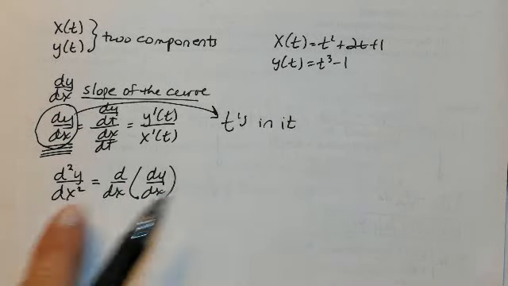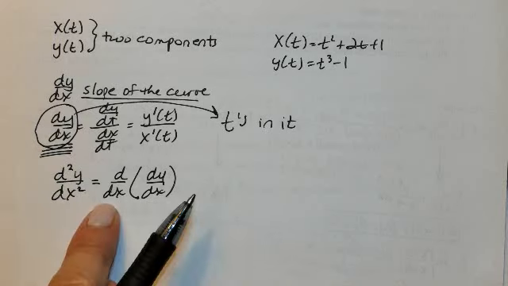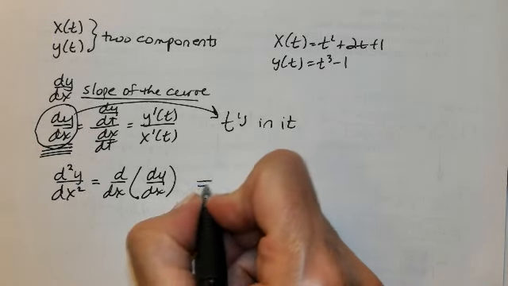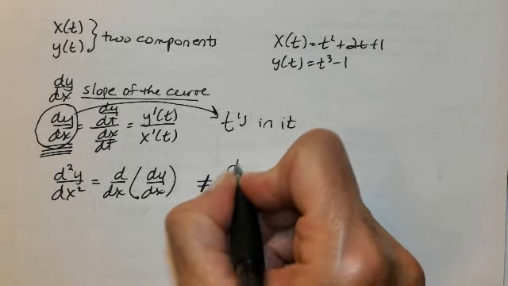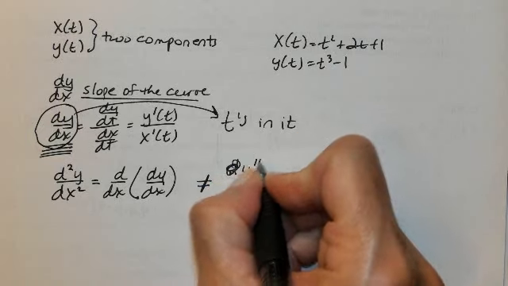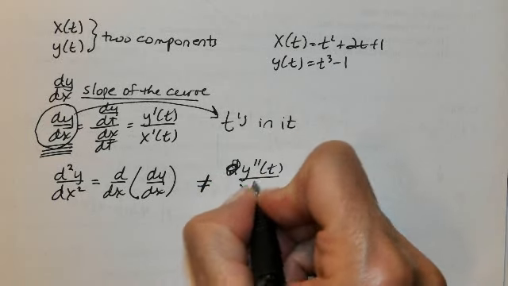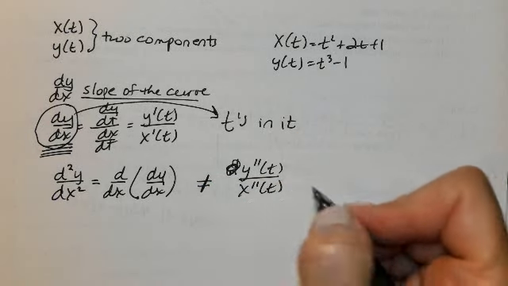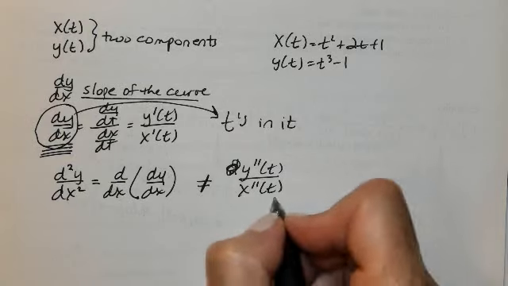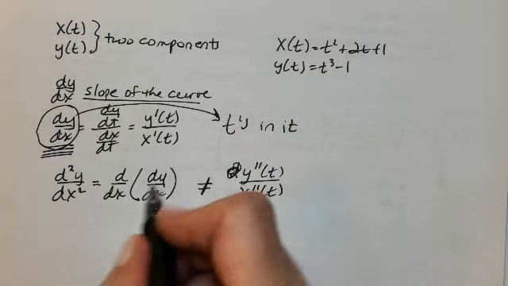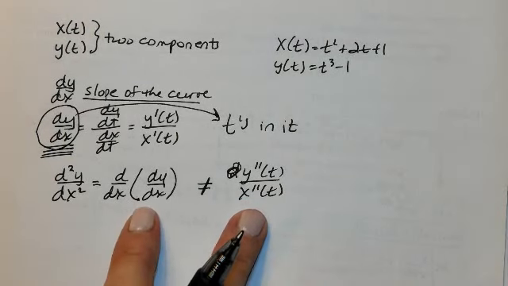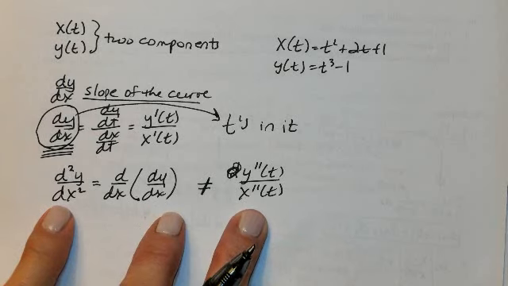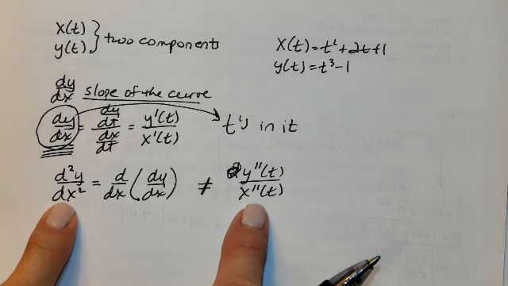But this is true. This is not equal to just y double prime of t over x double prime of t. That's what kids want to do. And that's not true. That's different. These are two very different things. So the second derivative is not that. All right?